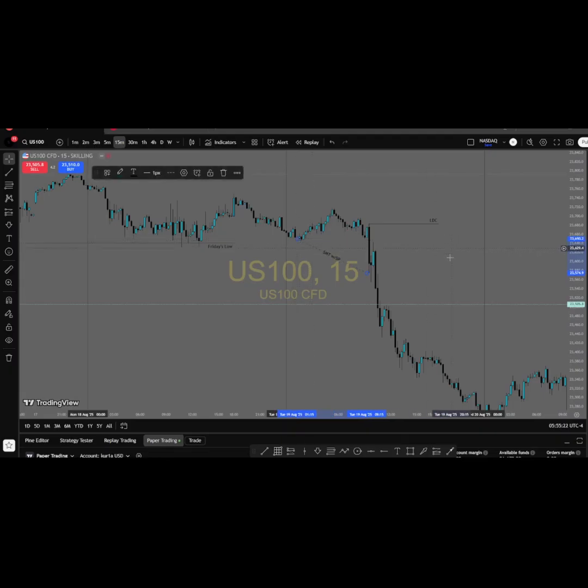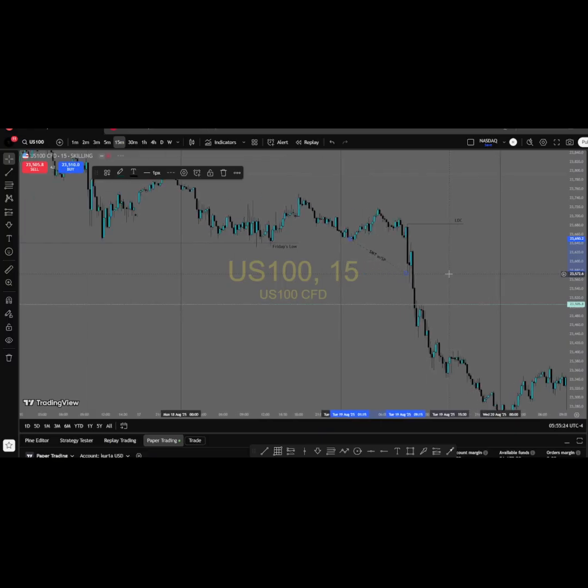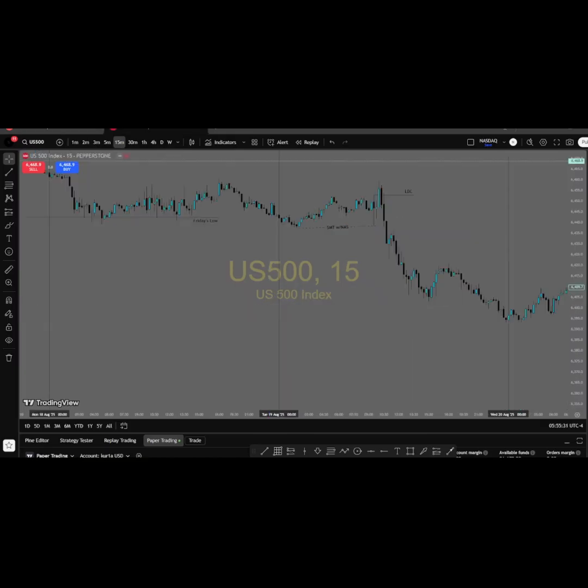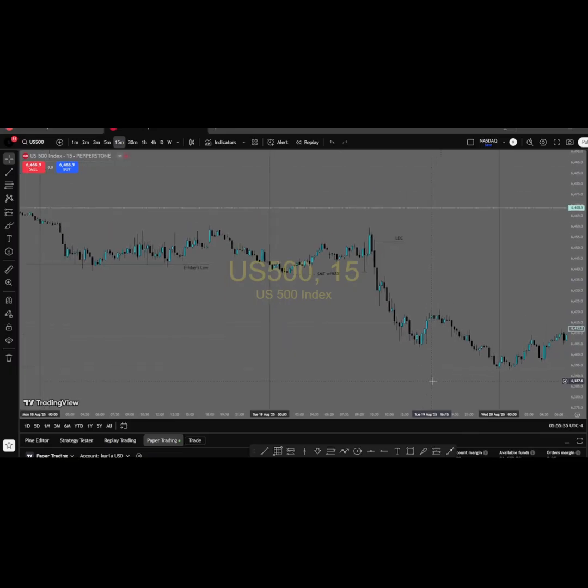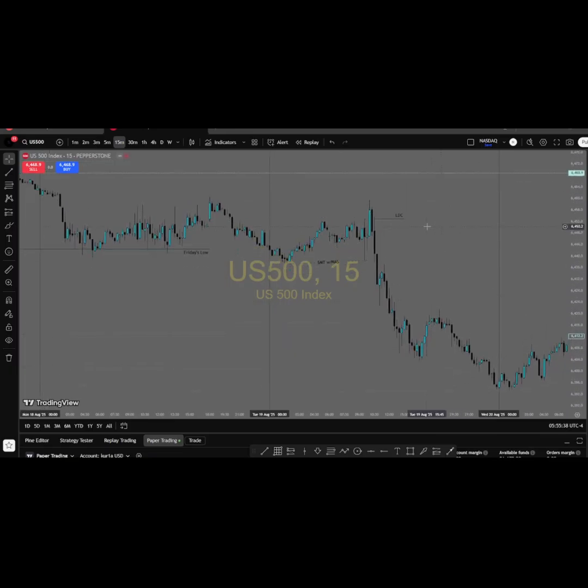So at this moment, what did I expect? I expected that I would take longs on US 500, which is the more bullish pair, because it did not sweep its current daily low at 9:30, right? As you have seen here.